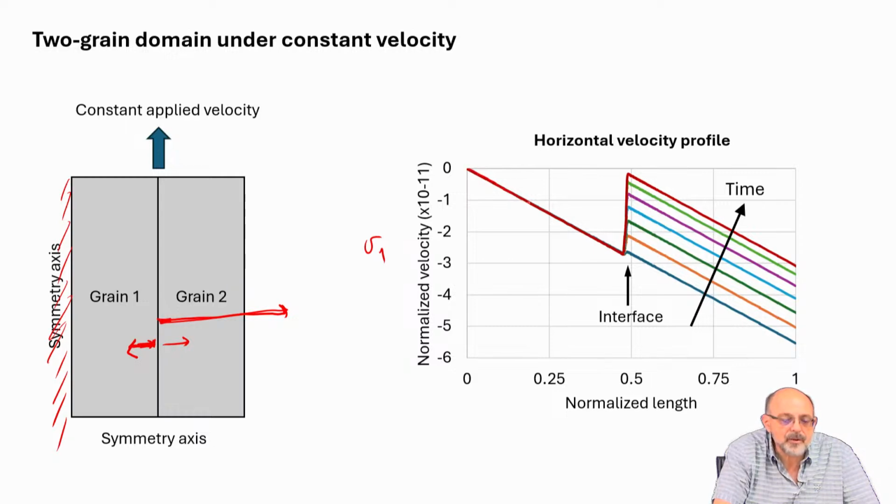So at this point I have a linear velocity. Everything is moving, shrinking in grain 1. And then I have a jump here because of the lattice shrinking.